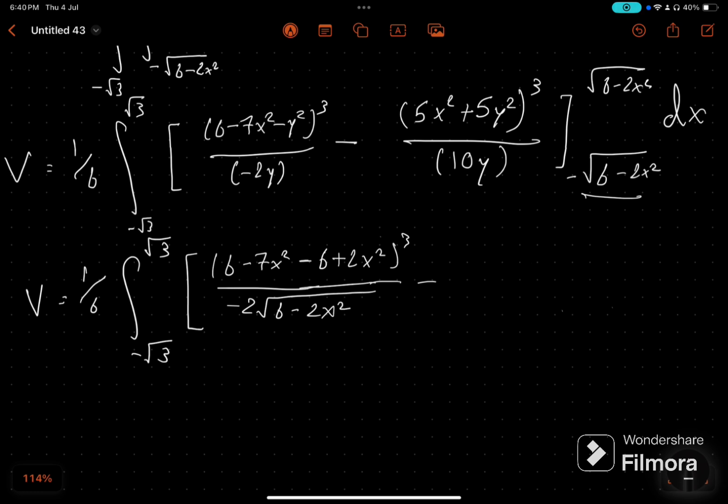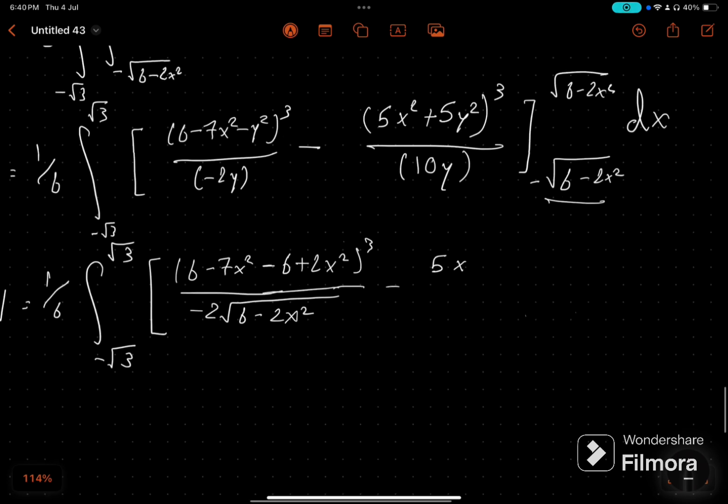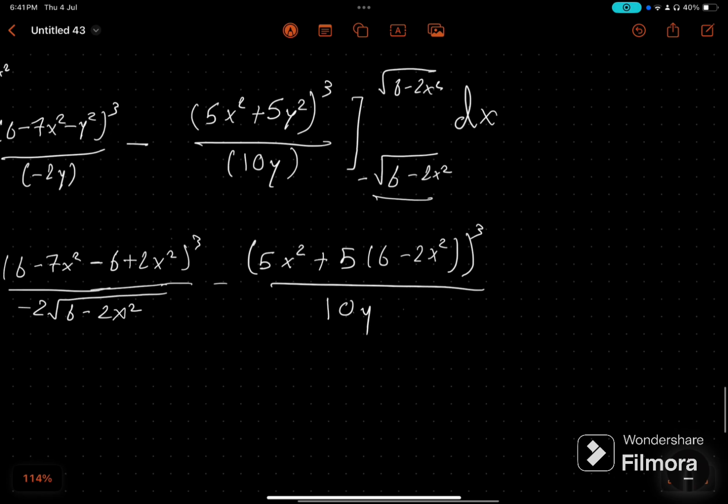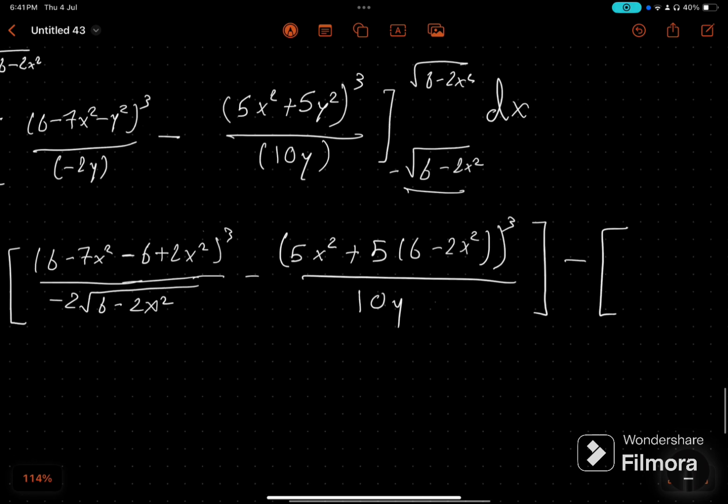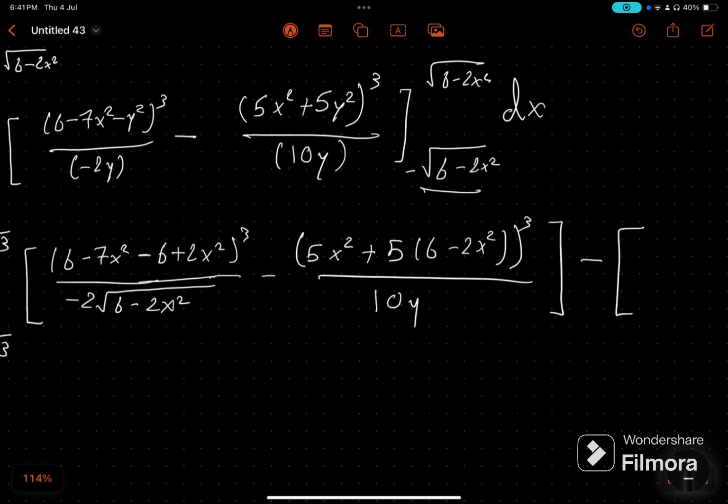Then minus 5x squared plus 5 times 6 minus 2x squared all to the 3 divided by 10y.